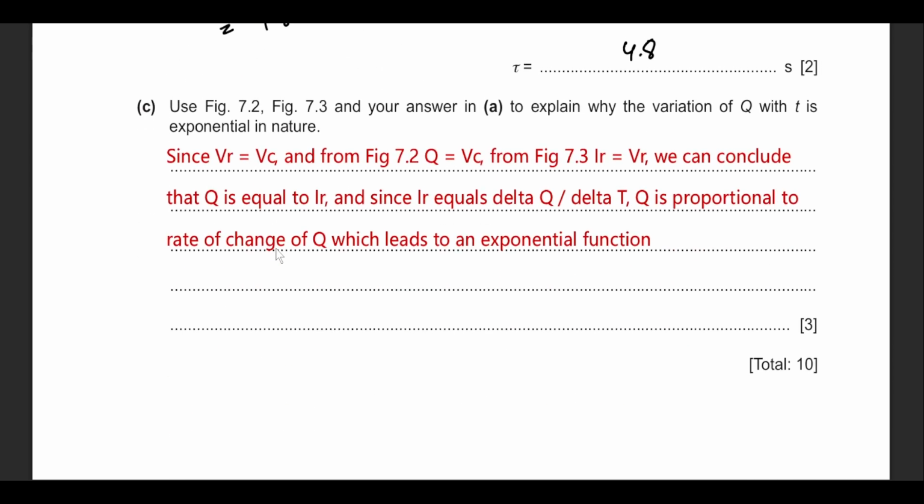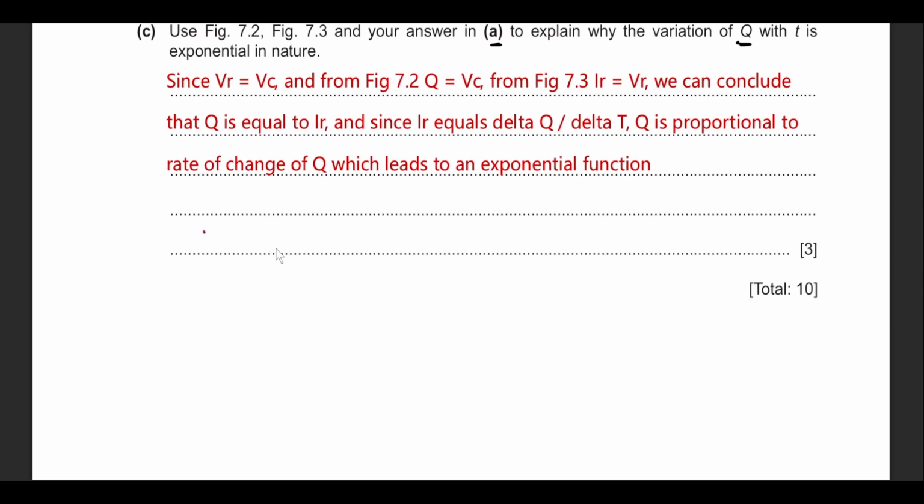Part C. He says, now this is a bit tricky. He says use both figures to answer your answer in part A. Explain why the variation of Q and T is exponential in nature. First, let's try to understand what the thought process is. You see, the current in the resistor is proportional to the voltage of the resistor, which is proportional to the voltage of the capacitor, which is proportional to the charge itself.